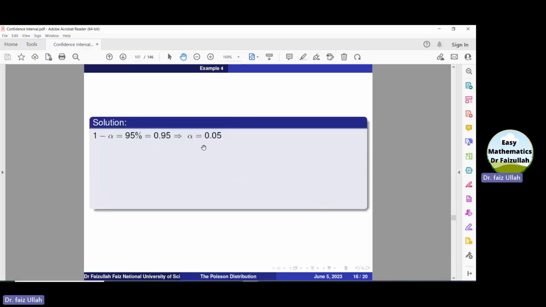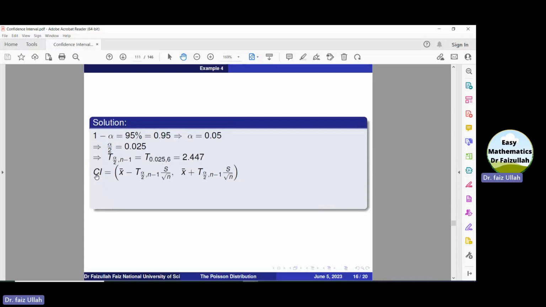If we simplify this, we get the value of alpha, and from this we get the value of alpha by 2. Now, from the table of t distribution, we can obtain the value of t 0.025, comma 6, which I will show you at the end that this value is 2.447.